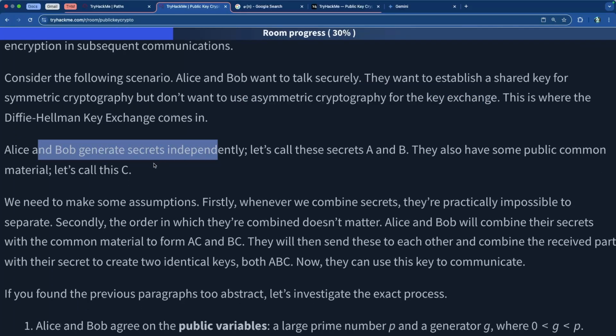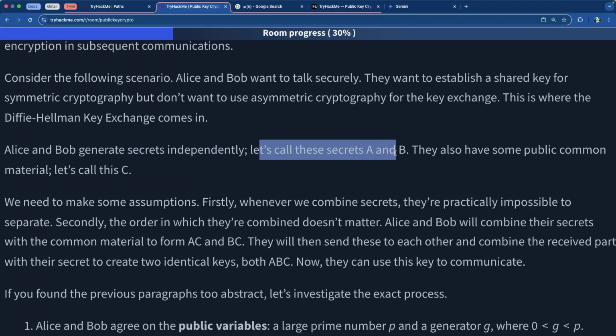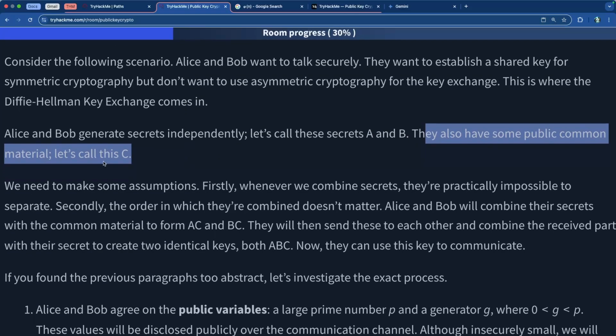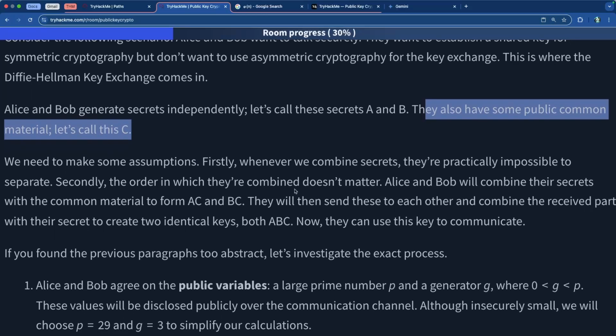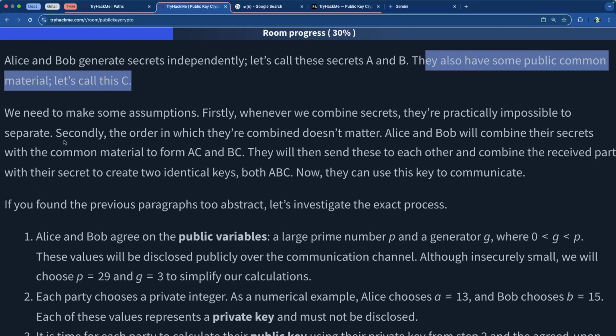So, Alice and Bob generate secret keys independently. They will call these A and B for Alice and Bob. They also have some public common material. We'll call this C for common. We need to make some assumptions. Firstly, whenever we combine secrets, they're practically impossible to separate.